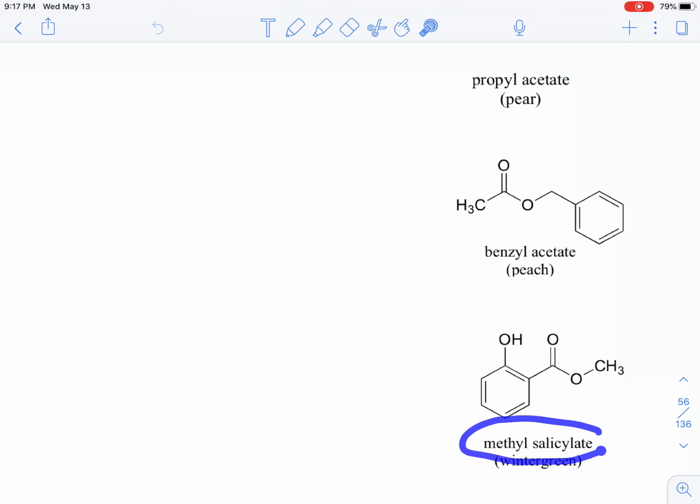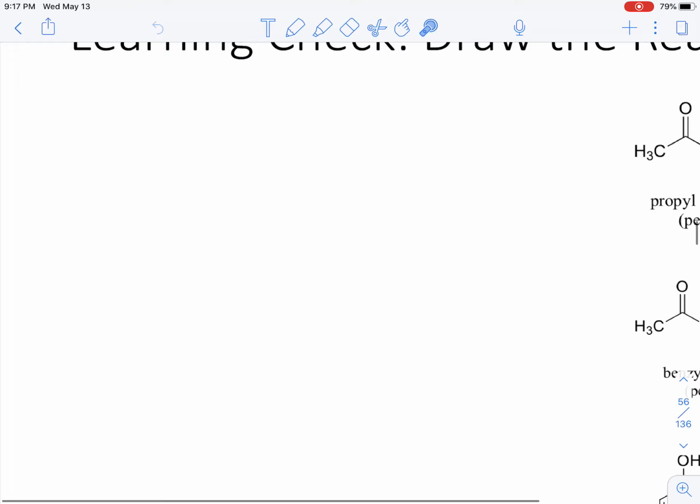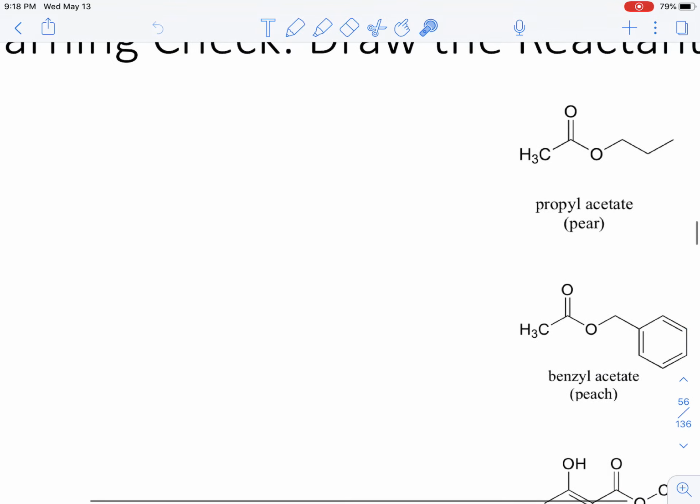So typically, methyl salicylate has that menthol type of smell to it. That's typically found in products such as Bengay or Icy Hot, and the list continues. And so let's go ahead and do propyl acetate.